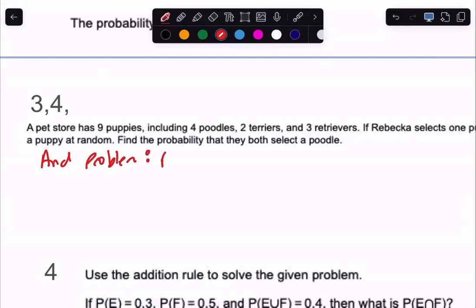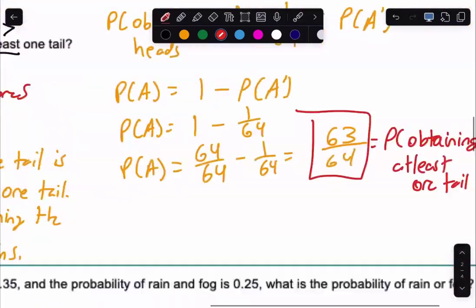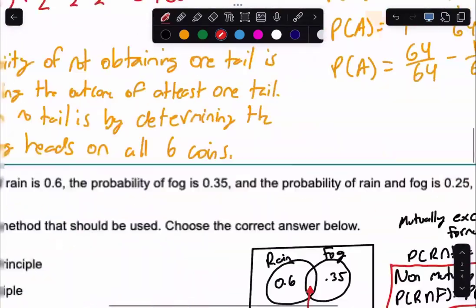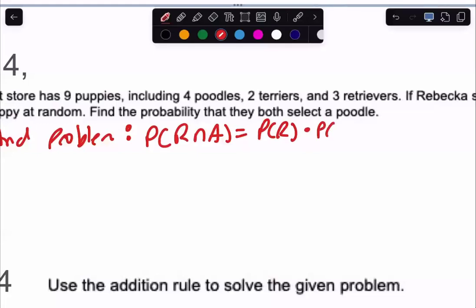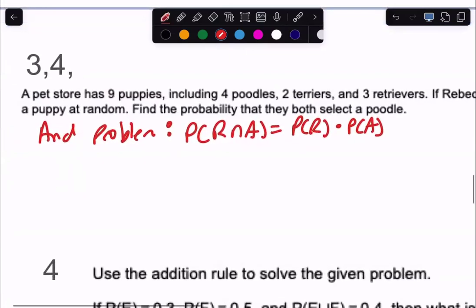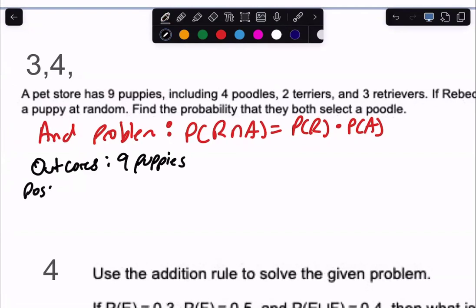So the formula for that, according to the notes, is the probability of Rebecca choosing a puppy times the probability that Aaron chooses a puppy. So it's just multiplying. There are only 9 possible outcomes because there are 9 puppies, and there are 4 poodles.